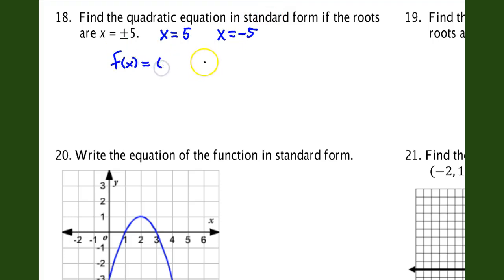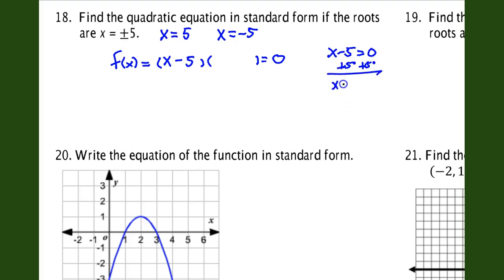is we need to come up with two factors, right? One that equals 5, one that equals -5, one that's set equal to 0. So to get an answer of positive 5, I would need to solve x minus 5 equals 0, right? This is the equation you would solve to get positive 5 as an answer, because you would add 5 to both sides.